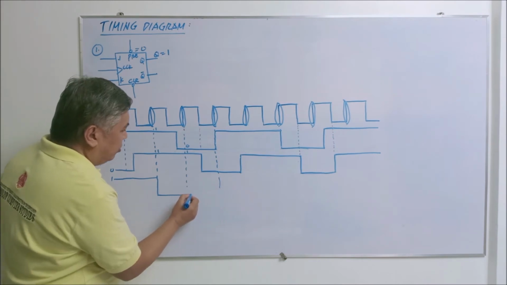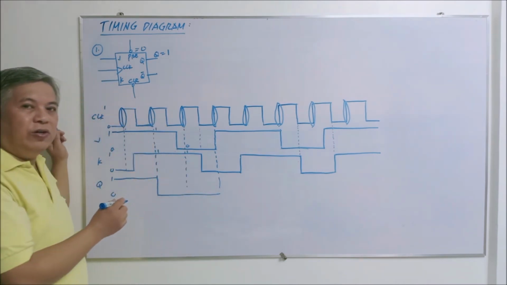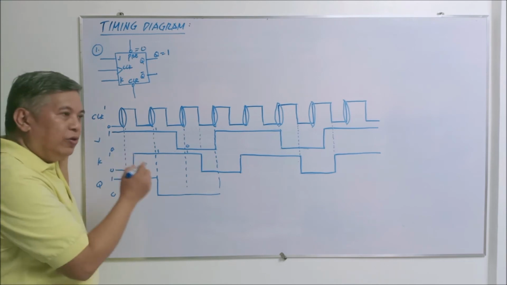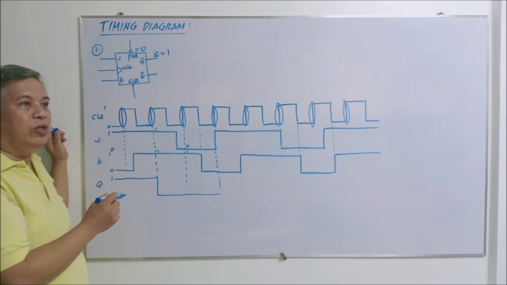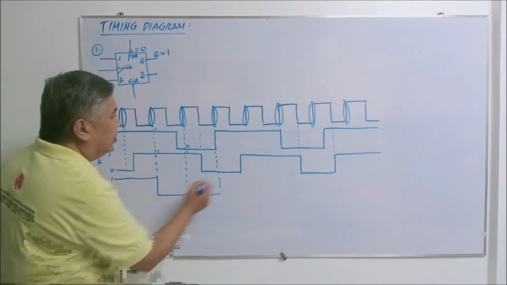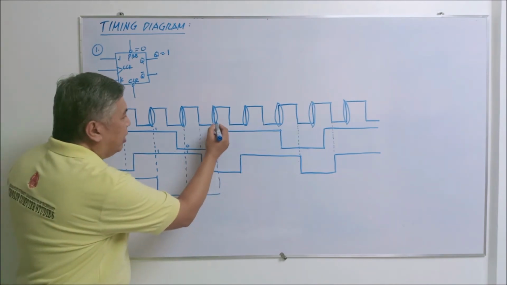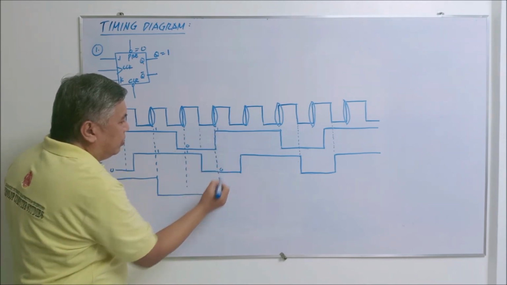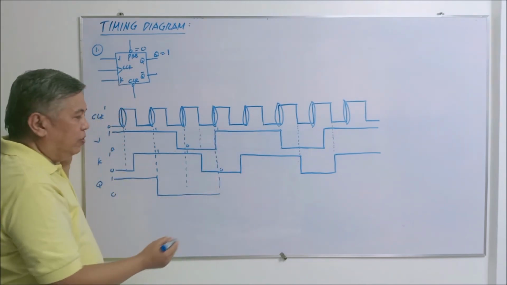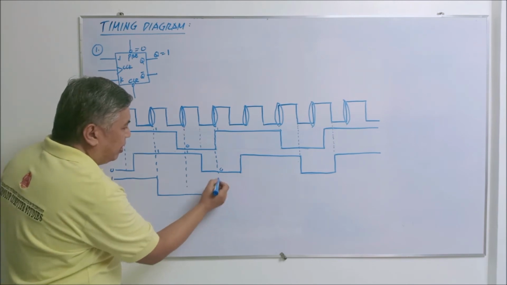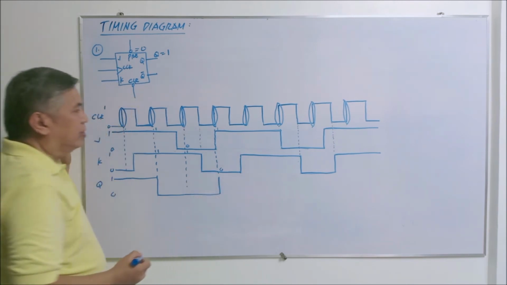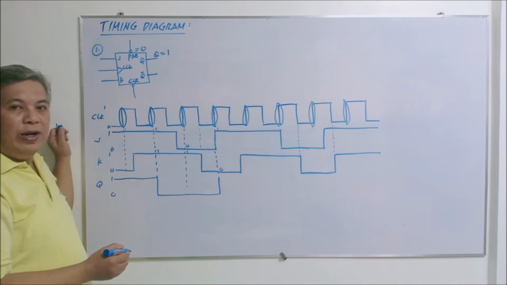And during 0 condition of your clock, no change. If during 1 condition of the clock, no change happens. So, we go directly to the positive triggering of the clock. In this case, positive triggering, J is 1, K is 0, J implies Q. So, your output here becomes 1, since J is 1.